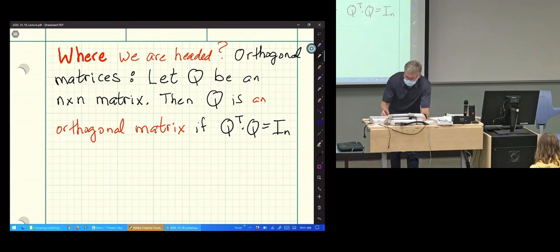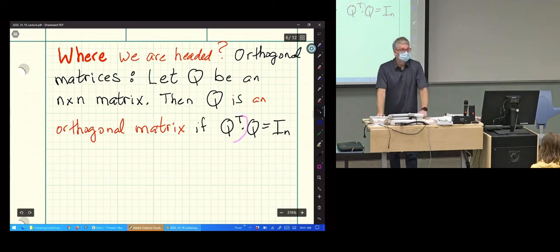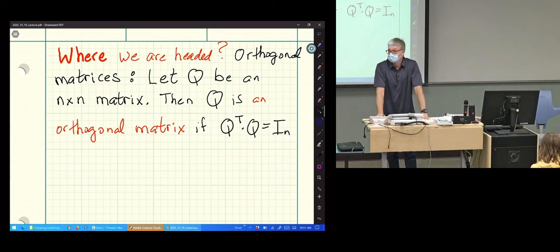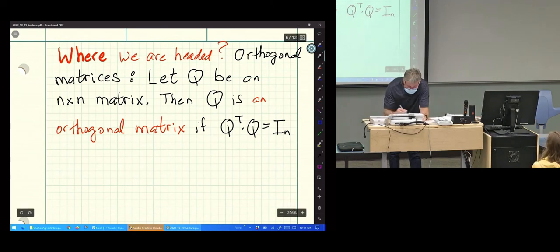Ooh. Now, if I have a matrix and I multiply it by another matrix and I get the identity, what is this matrix? It's the inverse. Yeah, that seems way too cool, right? So, yes.